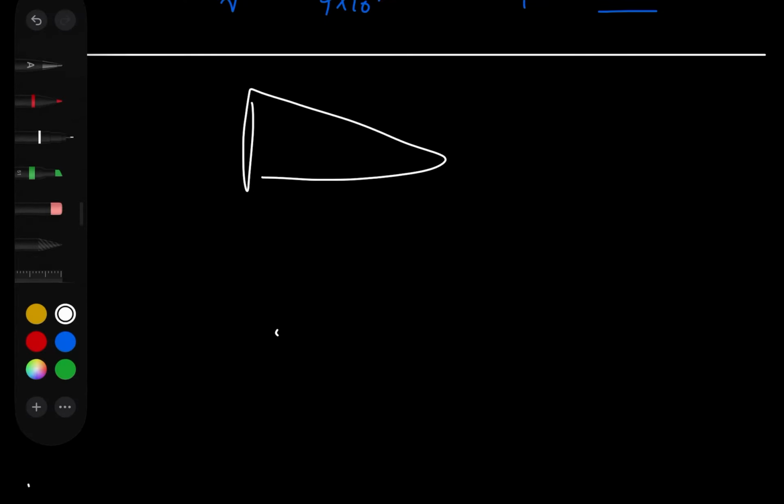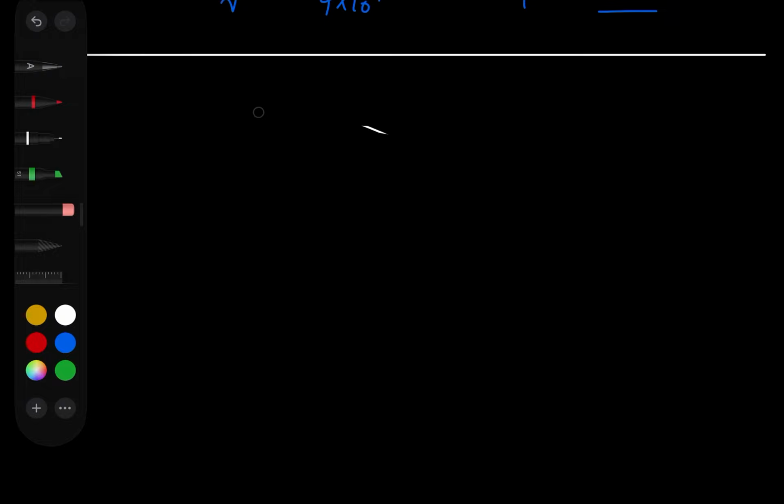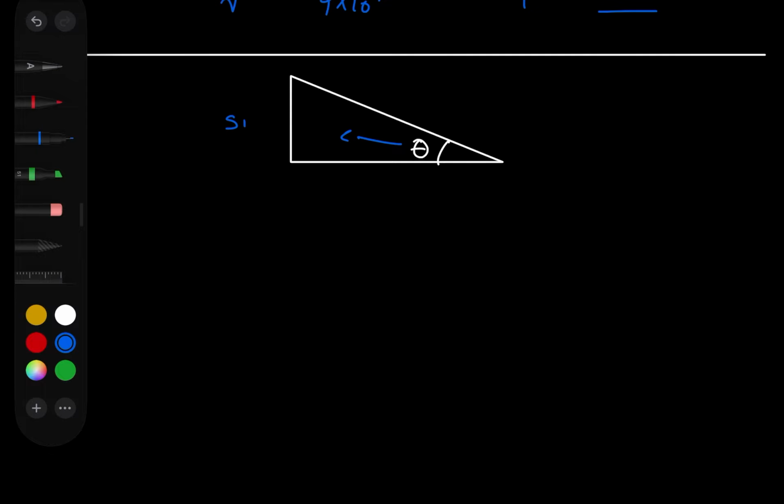Usually, or actually in most of the times, because of the rules of trigonometry, if you have a triangle like this, let me draw the triangle down. Keep in mind that if it has an angle of theta, the side opposite to theta will always use sine. You can find the component using sine, and the side adjacent to theta can be found using cosine.